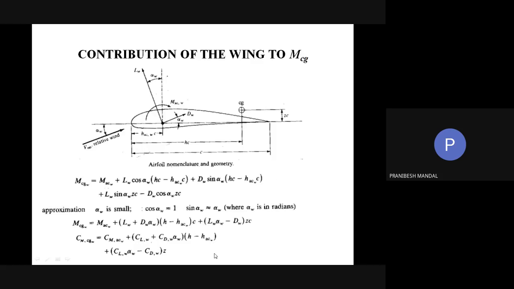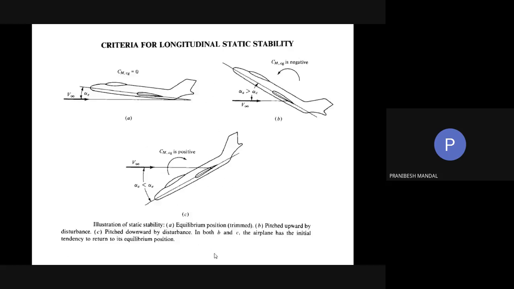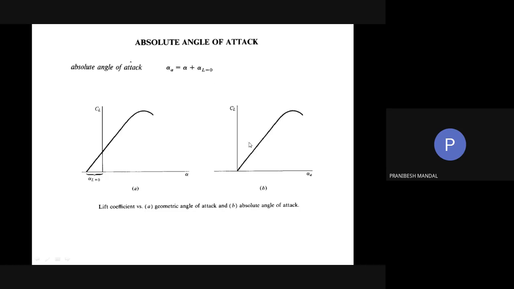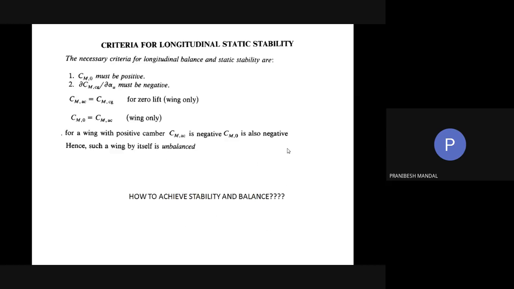The curve for CL versus alpha that I have shown you. How do you achieve this particular curve? This is also coming from the wind tunnel data, isn't it? Yes, sir. So the slope also comes from the wind tunnel data.